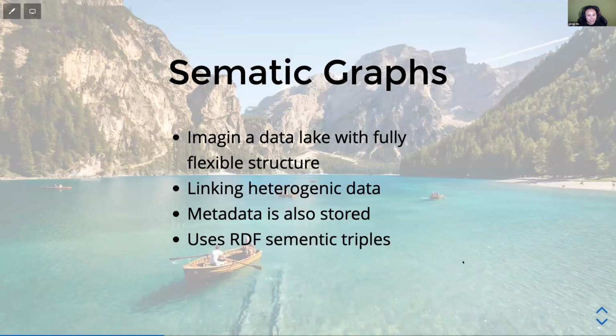So come to the new world of semantic graphs. So what are they? They sound cool, semantic, it sounds very smart, it's like AI. So what is it? If people ask me, the easiest way to explain is to imagine a data lake.